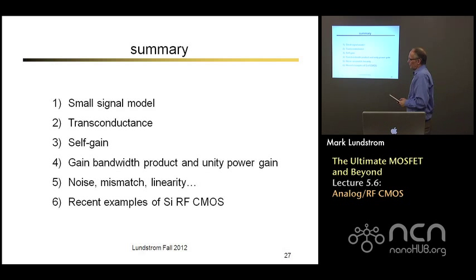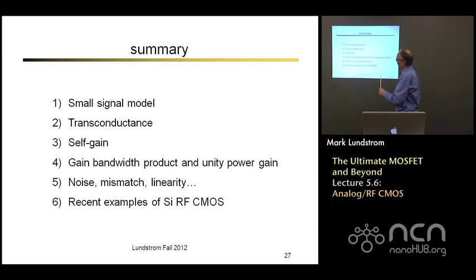Okay, so that's been a very quick look at some key figures of merit for analog. Just want to summarize them here. If you're dealing with analog electronics, you want to understand the small signal model. We dealt with just a very simple basic one, but there are some other factors that come in and can become very important.